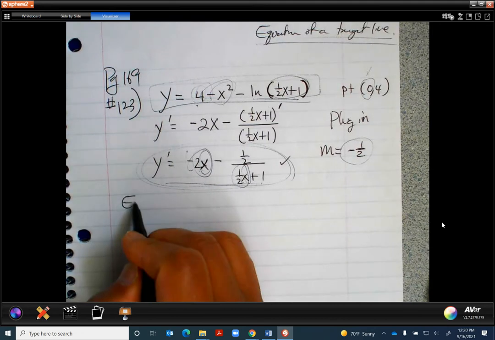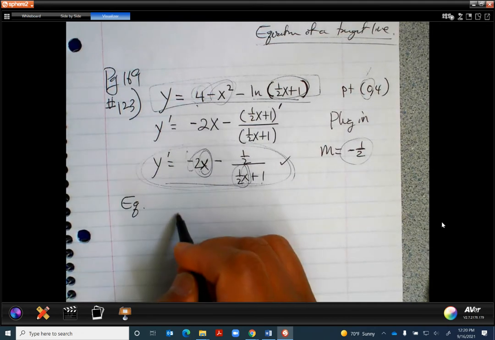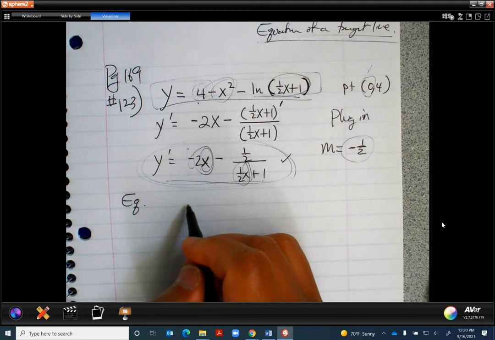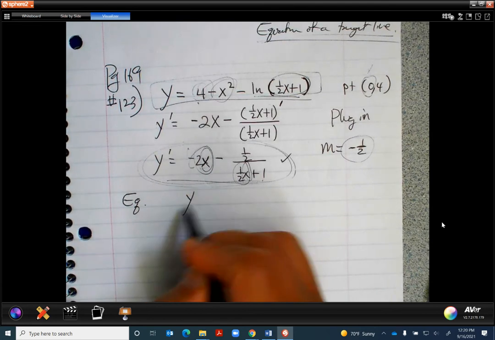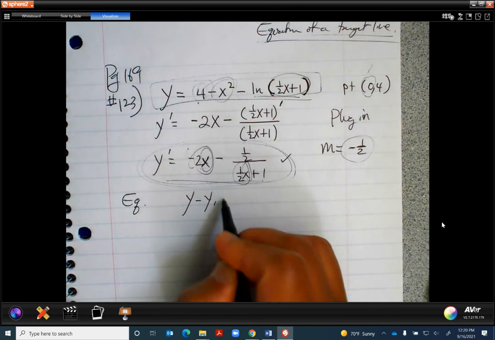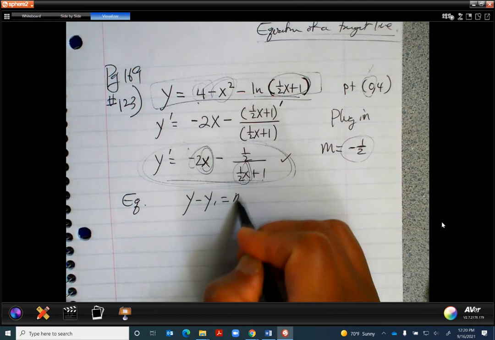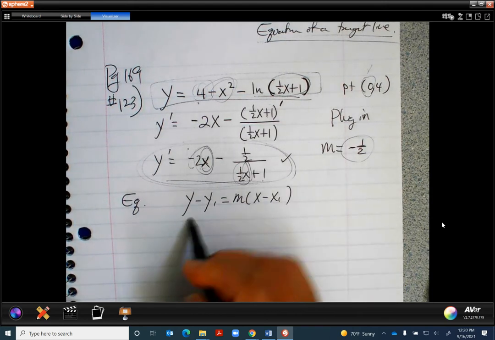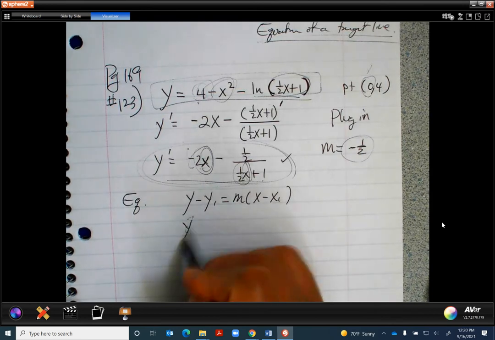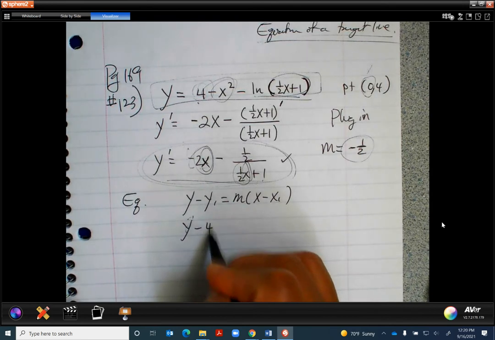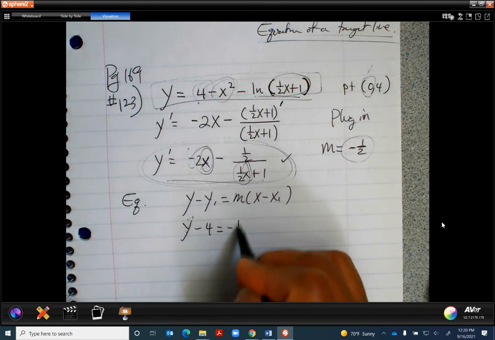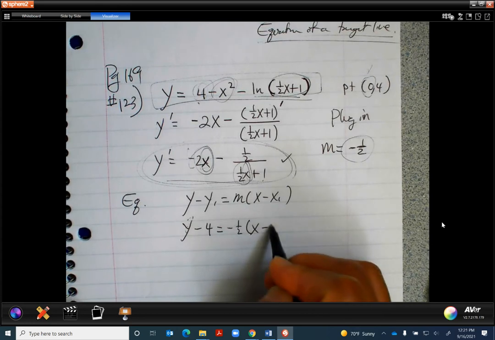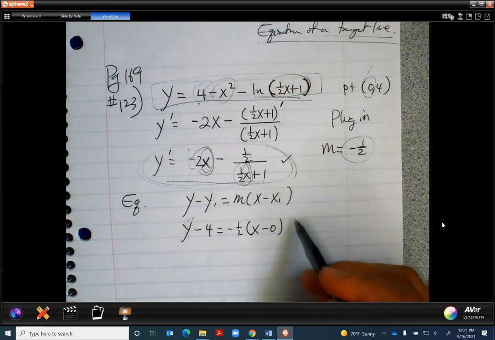How do you find the equation of the line? What do we need to use? Point slope, which is y minus y1 is equal to m times x minus x1. All right, so help me plug this in. What is it? y minus 4 is equal to negative 1/2 parentheses x minus 0. All right, simplify this and tell me what you get.